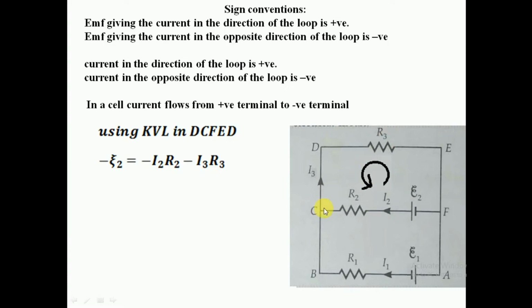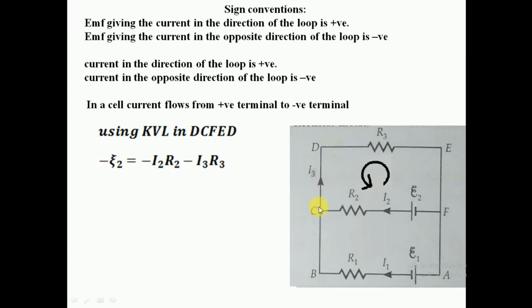So I'll start from C. So I have only one EMF, and this EMF is giving the current towards my left and the loop is going towards the right, so this EMF should be negative. So according to sign convention this is negative, so I don't have any other EMF, so I don't need to add other EMF. Now I have to see the product of resistance and current.